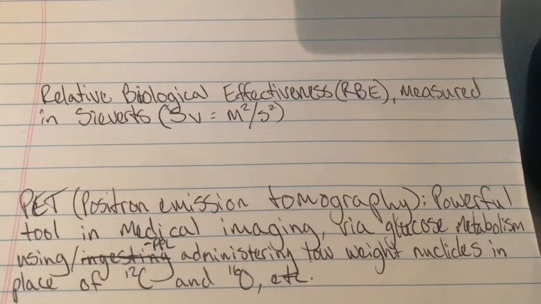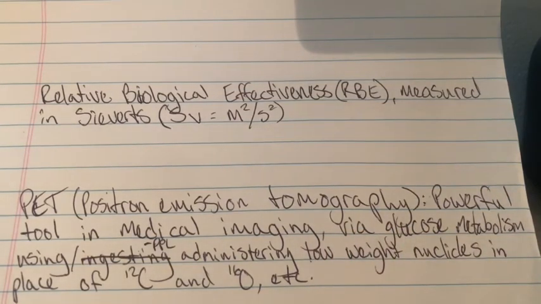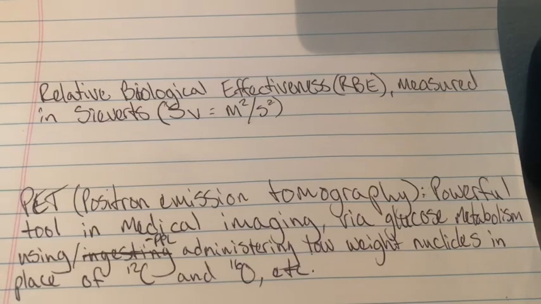Okay, so the last thing to look at, literally, is means of imaging, which is positron emission tomography, or PET. It's a powerful tool in medical imaging. Via glucose metabolism, that's just the best way that they can image brain activity, for instance, or some kind of metabolic activity or breaking down of glucose itself. So it involves administering low-weight nuclides in place of C12 and 16O, with, let's say, low-weight carbon or low-weight fluorine.